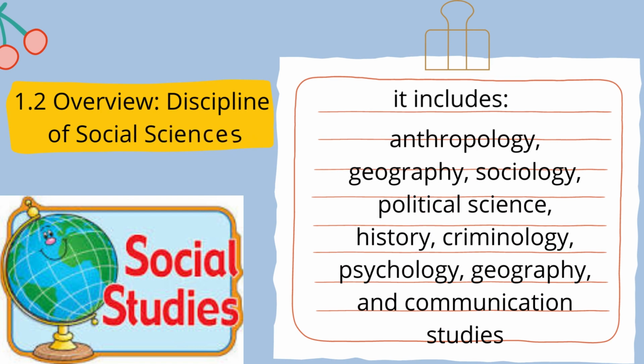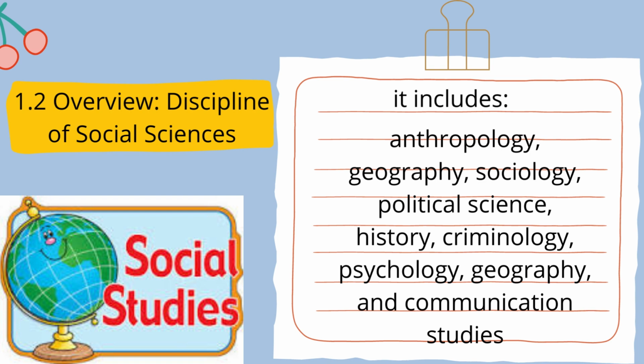Now, 1.2 is all about the overview of the discipline of social science. Ano ba ang overview ng social science? It includes anthropology. And I will encourage you to know what is anthropology, what is geography, what is sociology, and what is political science.